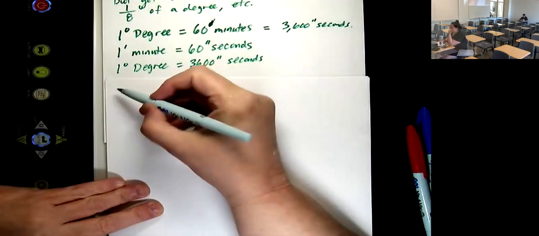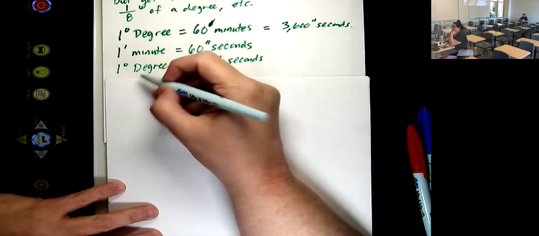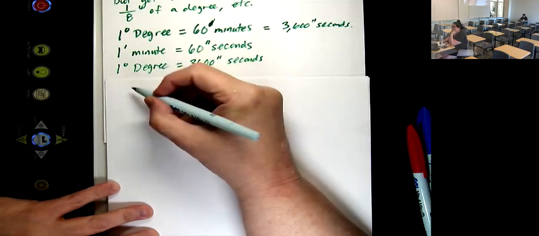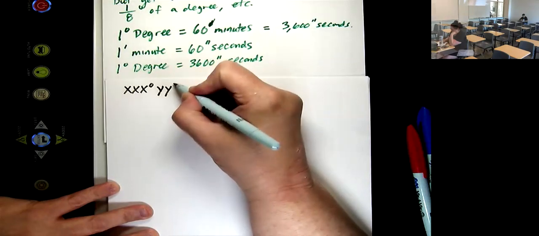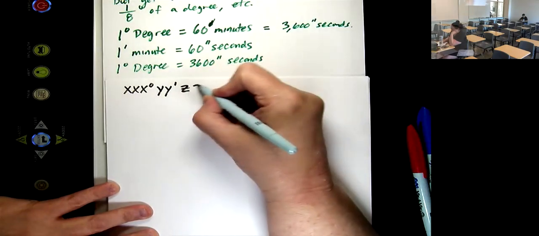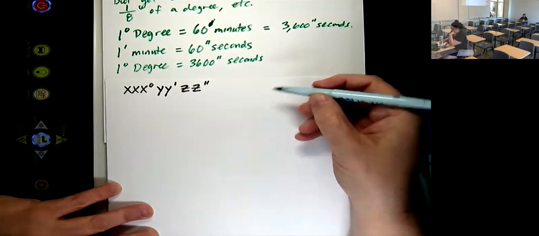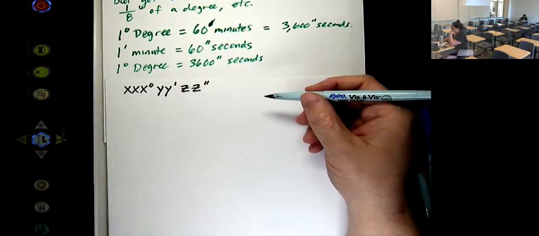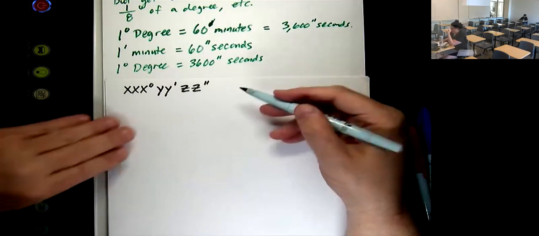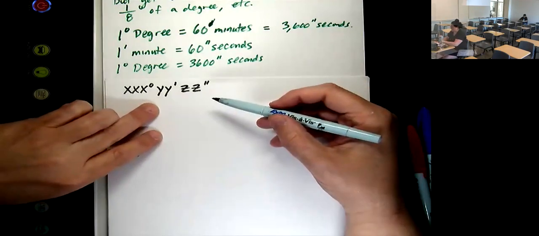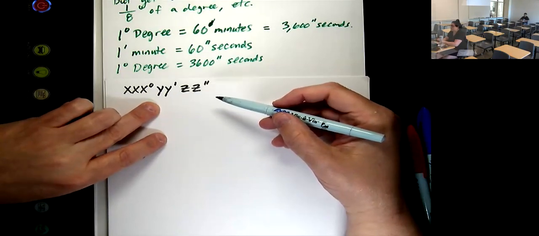So degrees tend to be listed as XXX degrees, YY minutes, ZZ seconds. That's the general notation. You may only have 7 minutes, so you might put 07, or you might just put 7.